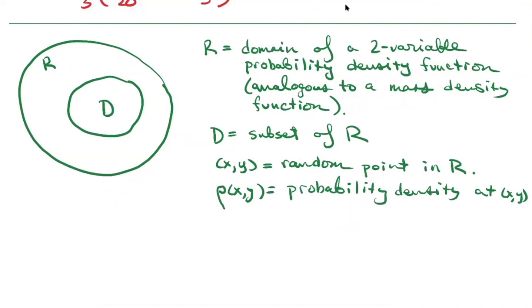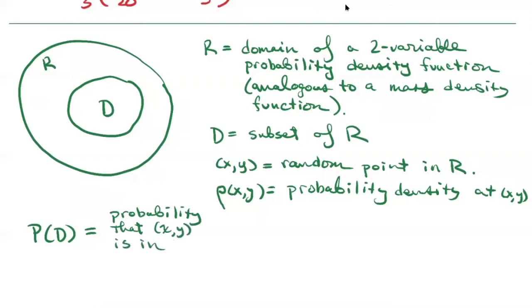And if I do P of D, this needs to be described in words. This is the probability that (x, y) is in D. And it's just the density function. So basically you do a double integral, you add up probability density.